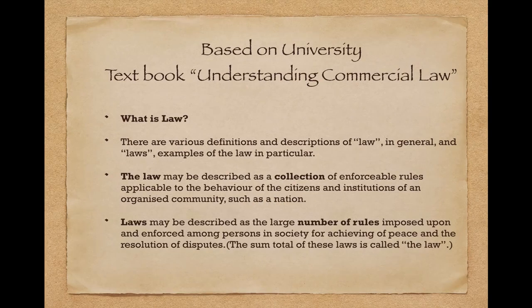Laws may be described as the large number of rules imposed upon and enforced among persons in a society for achieving peace and the resolution of disputes. The sum total of these laws is called the law.